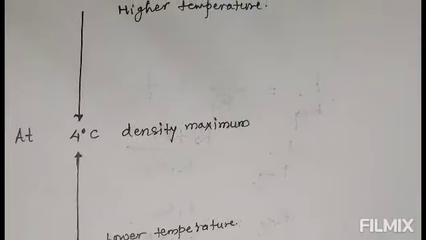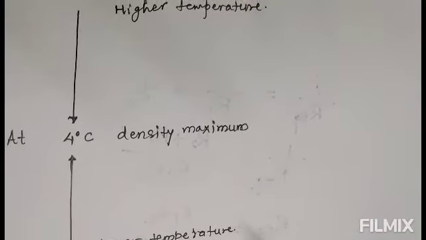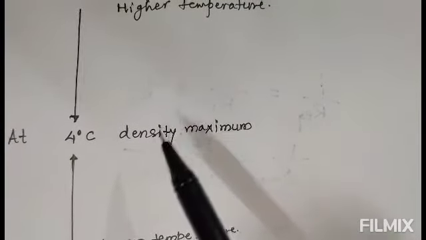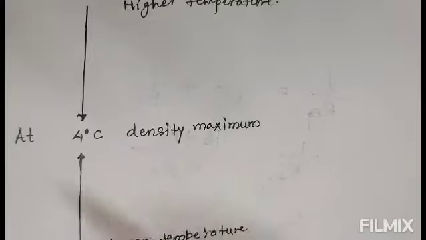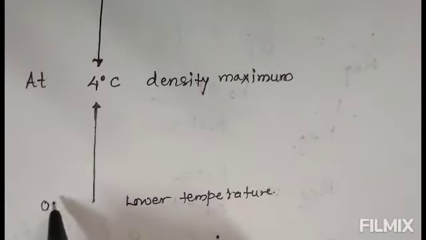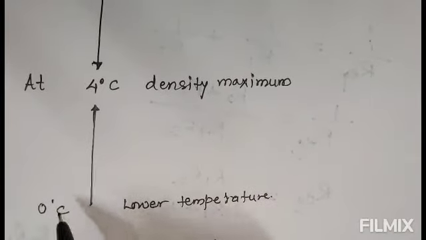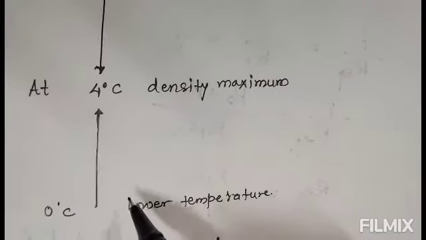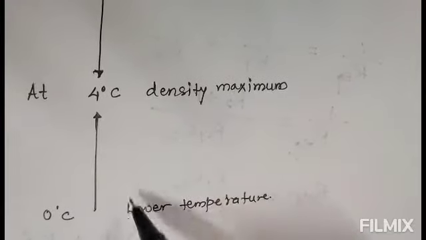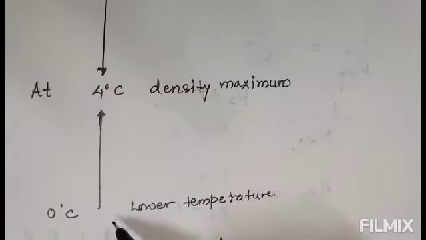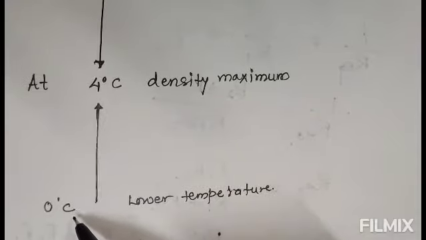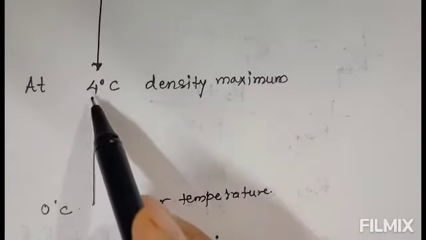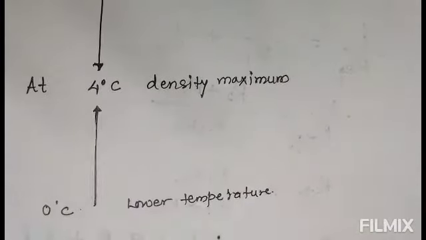Anomalous behavior of water, or abnormal behavior of water. Water exhibits an anomalous behavior. It contracts on heating between 0 and 4 degrees Celsius. On heating the water at 0 degrees Celsius, the volume decreases and the density increases. You can see here the density increases from 0 to 4 degrees Celsius.